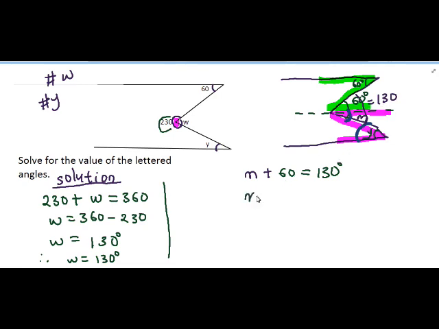So collect like terms: M equals 130 minus 60, and M will be giving us, let me just do some manual calculation to get this done. I'm getting 70 degrees. So the confusing thing here for some persons is that I had to employ the principle of alternate angles.